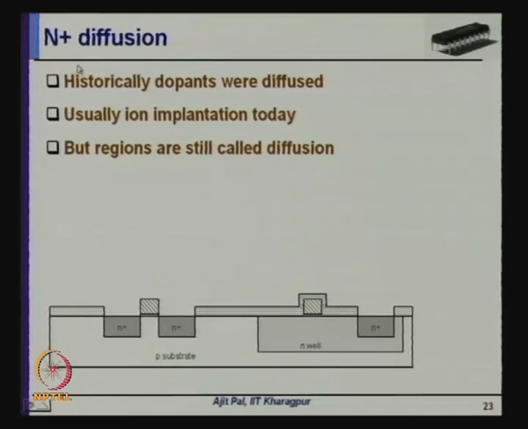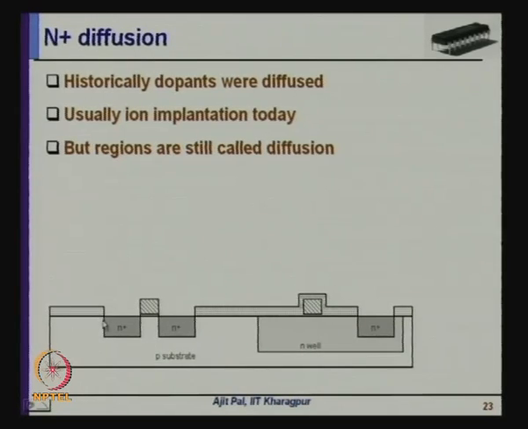Now you have done that N plus diffusion. As I told you, historically dopants were diffused by the diffusion process, but nowadays ion implantation is commonly used because of its high accuracy. Whenever you do diffusion, these regions are not very accurately defined, because these lines will not be straight lines.